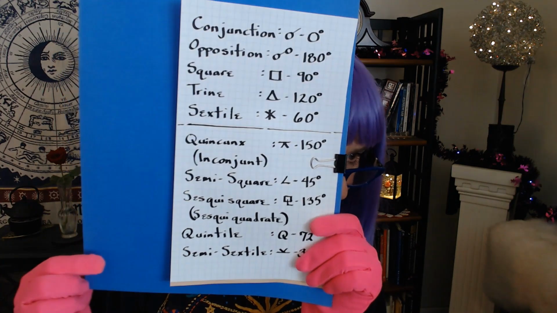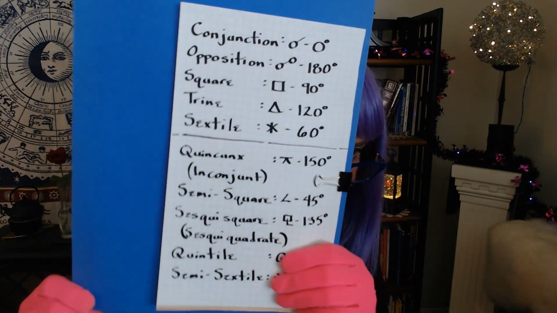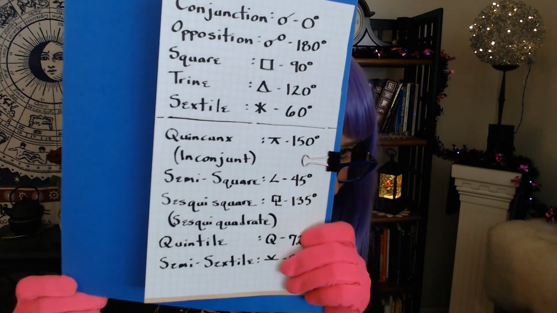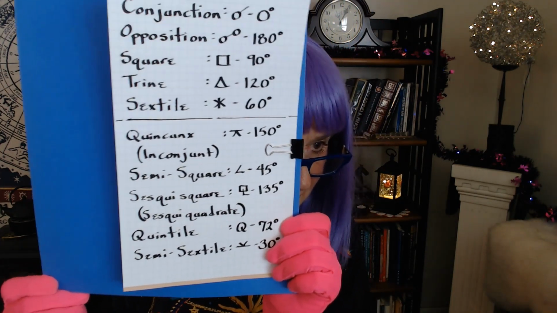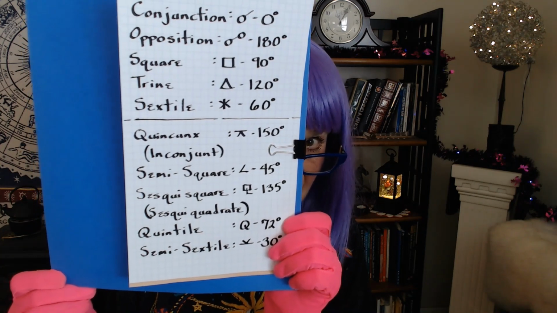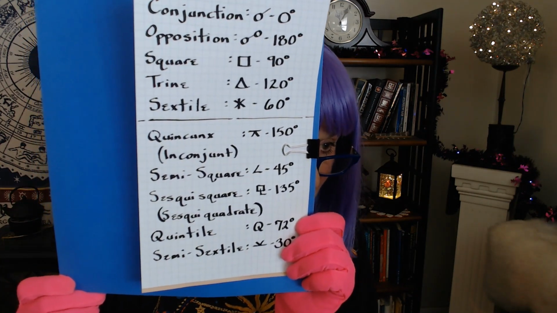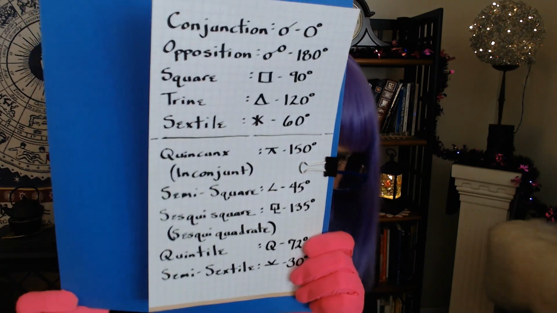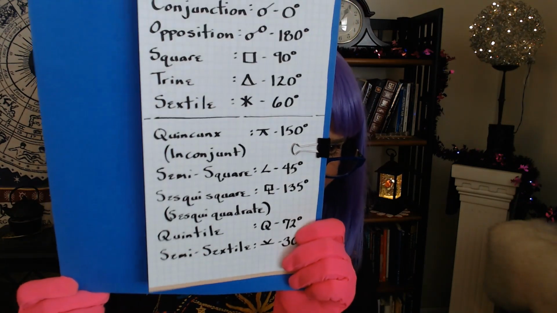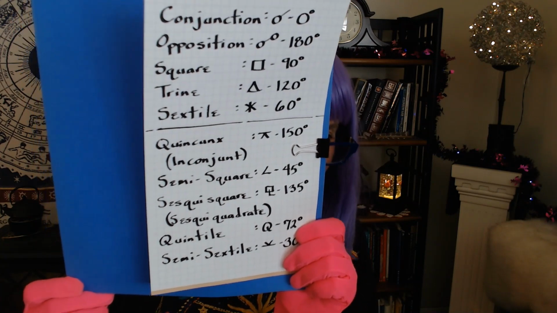Now I made a boo-boo. This one down here, the quintile, I said you make the quintile by dividing the wheel, the 360 degrees, up into 7 increments. Well, it's actually 5. It's 72 degrees for each aspect.